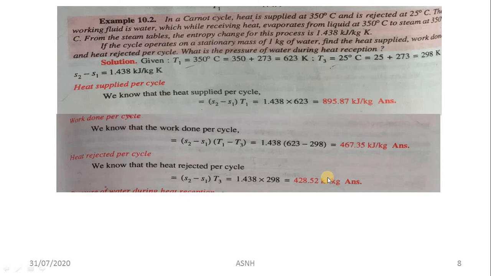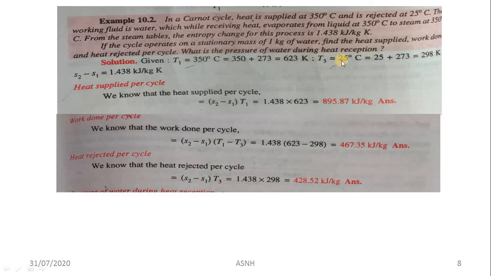In this way we get all values of the heat supplied, work done and heat rejection by using the simple formulas. Similarly, they want the pressure of the water during the heat reception.